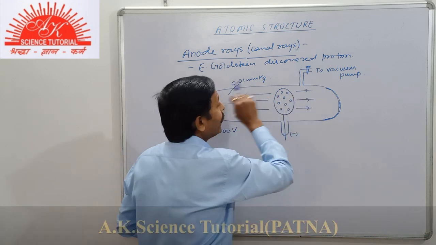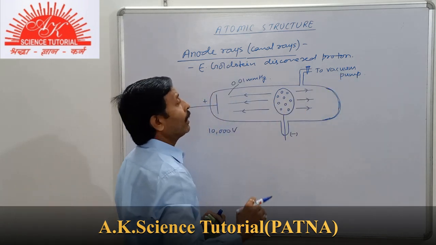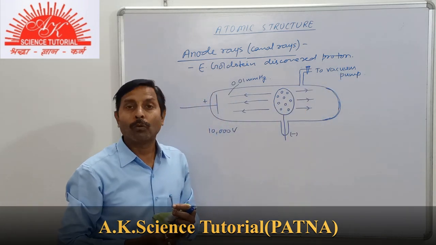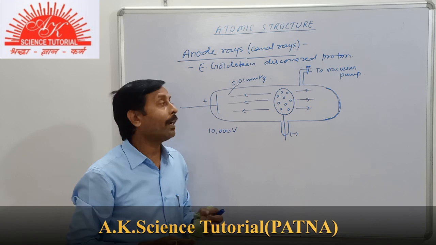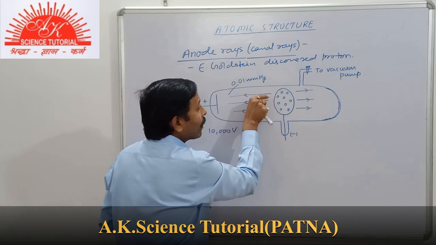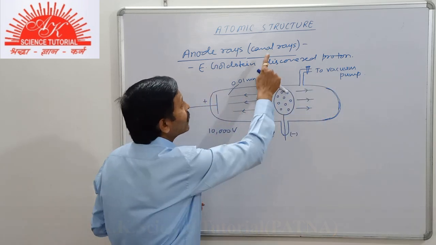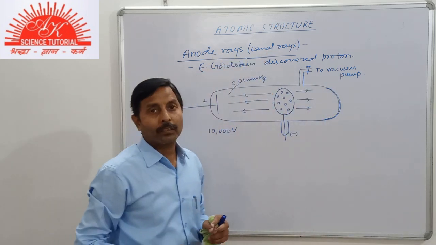Since these rays were coming from the anode towards the cathode, they were termed anode rays, and since the rays were passing through the holes present in the plate, they were termed canal rays.